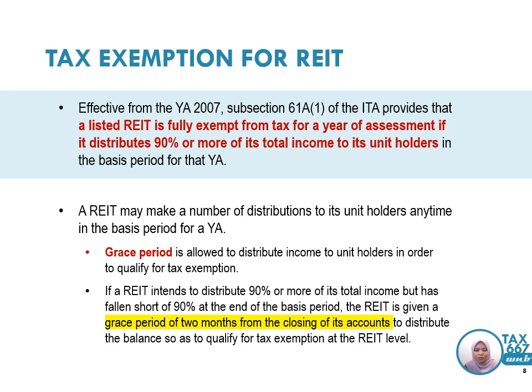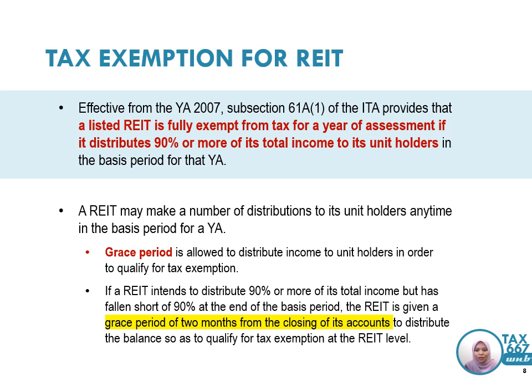So here is actually a special yang diberi kepada REITs sebab according to section 61A, capital A, it provides that a listed REITs. So buka mata besar-besar kat situ ataupun you boleh highlight listed REITs. Kalau REITs tu disenaraikan, listed, okay? Senaraikan kat mana?